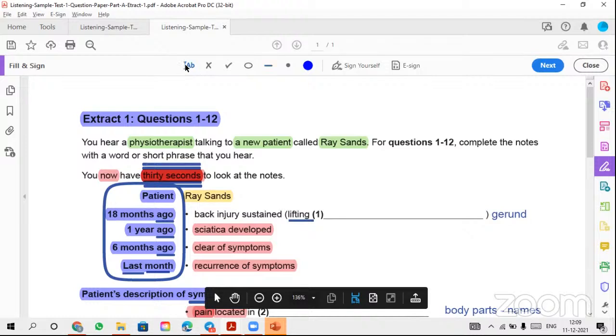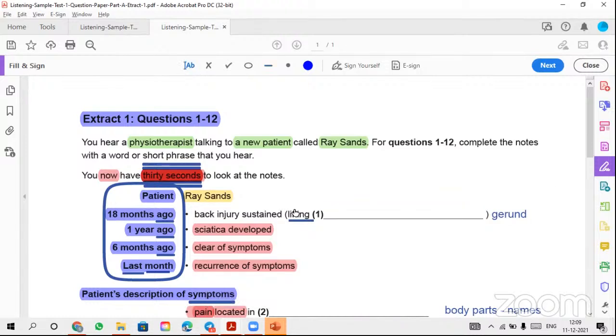If you do not know vocabulary, it will be very difficult. So lifting means doing an activity, sustained while doing an activity.